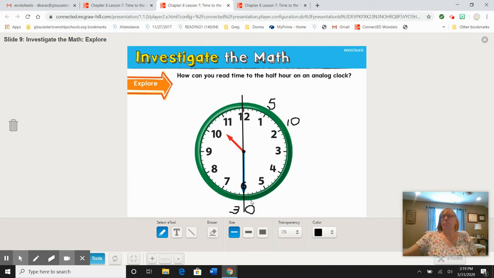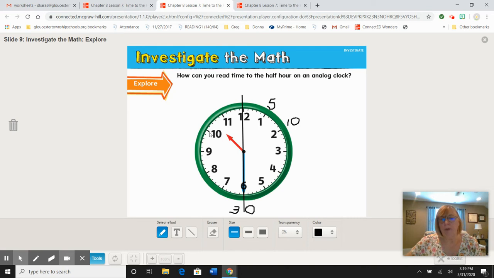And let's continue. 35, 40, 45, 50, 55, 60 minutes around is 1 hour, right? Right now we're only going to talk about this minute hand going around halfway.